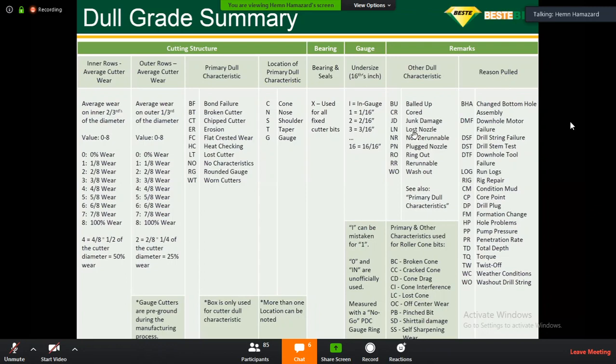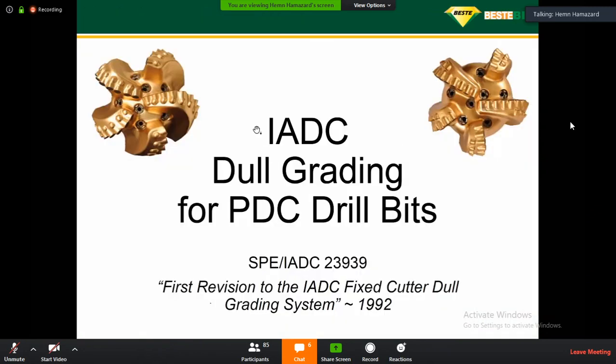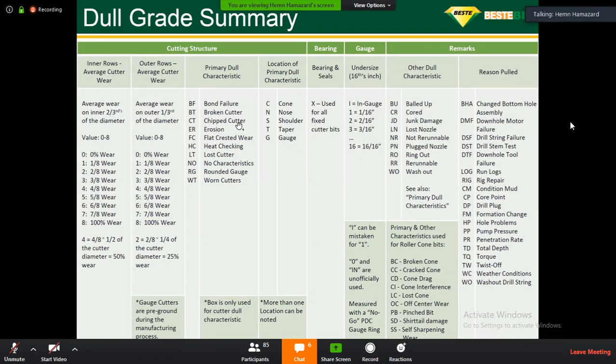Of course, you can visually check if the cutter is broken or chipped, or if you see the bond has failed, or sometimes you've lost the cutter, or sometimes you can see the impact or the traces of heat on your bit and so on. There are many characteristics you can call by just looking at the bit.